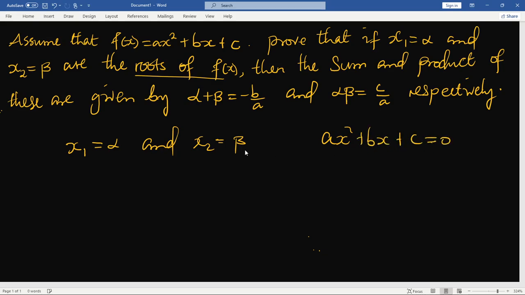If these are the roots, then where there's x, we substitute with either α or β. They just represent numbers. So if we sub those numbers into this expression, it's going to give us a 0 this side.